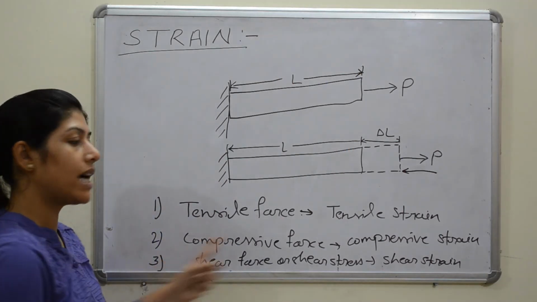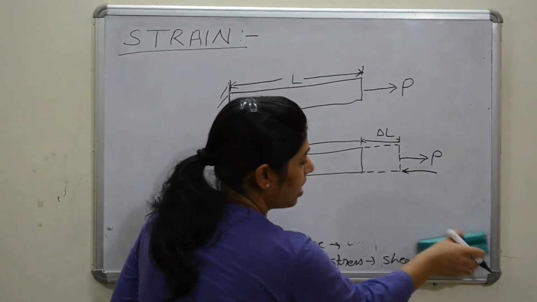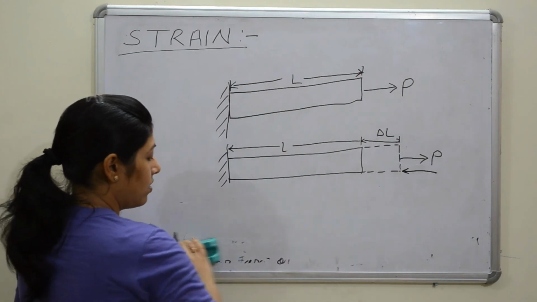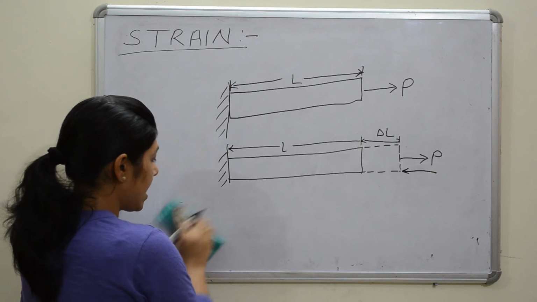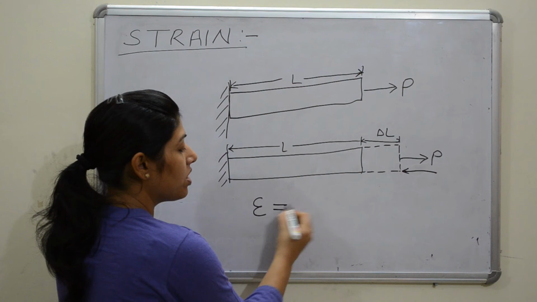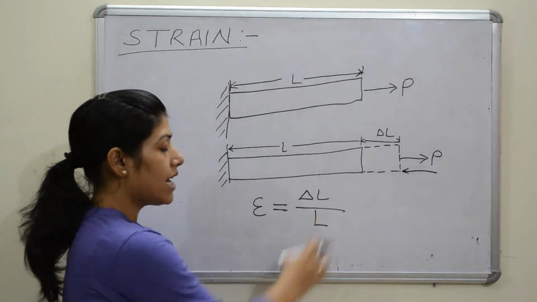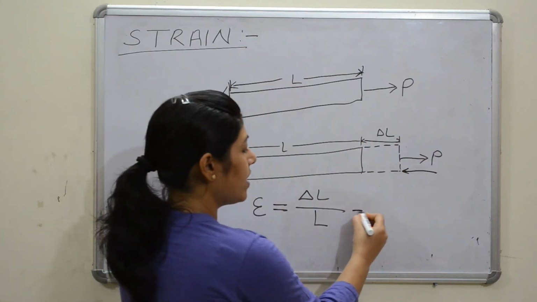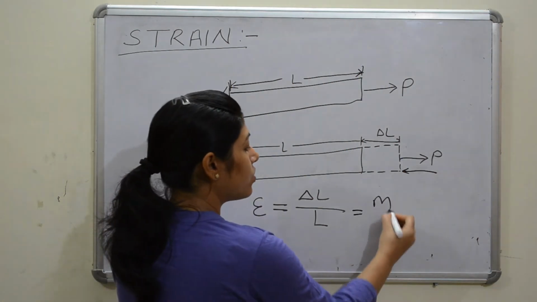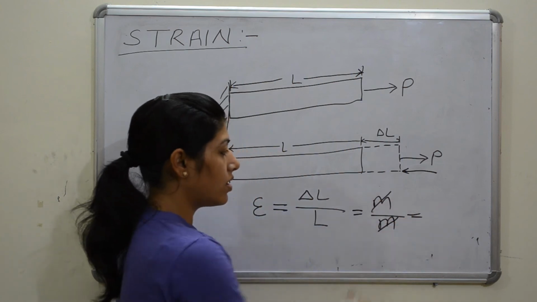So these are three types of strain. We are considering the original length of the prismatic bar is L, and the change in length is delta L, and if we denote that strain by eta, that will be equivalent to delta L by L. If we consider all the dimensions in meter, there will be meter by meter, so they cancel.